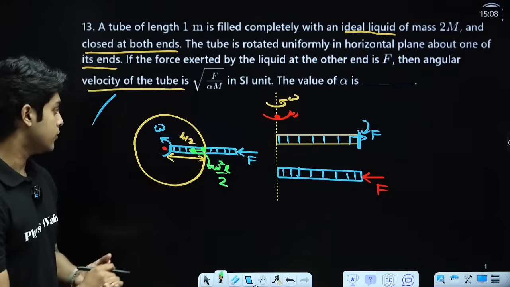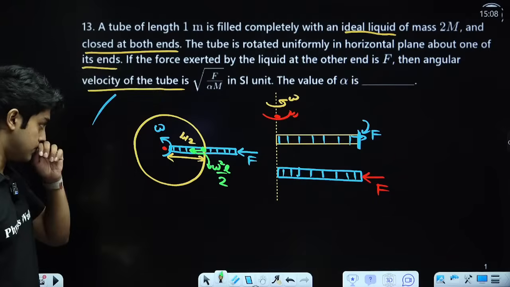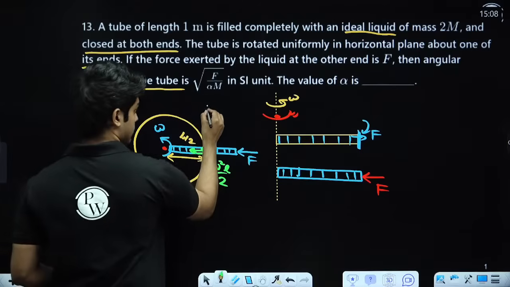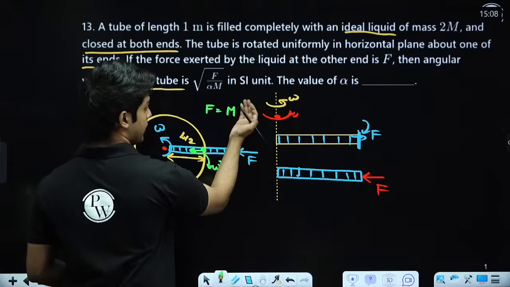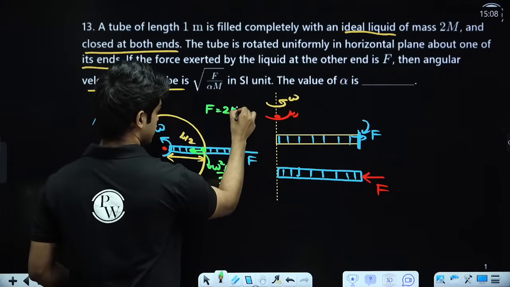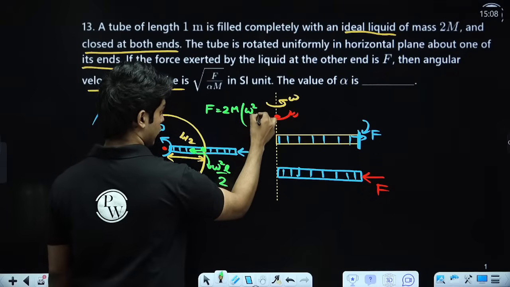Now we will use F net equal to mass times the acceleration of the center of mass. The net force is this only force F. So F equals mass of the fluid, which was in fact given to be 2m, times the acceleration of the center of mass, which is omega square L by 2.